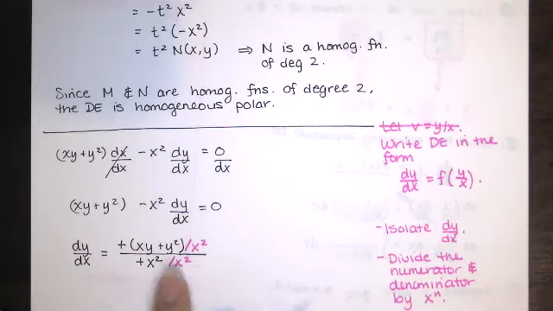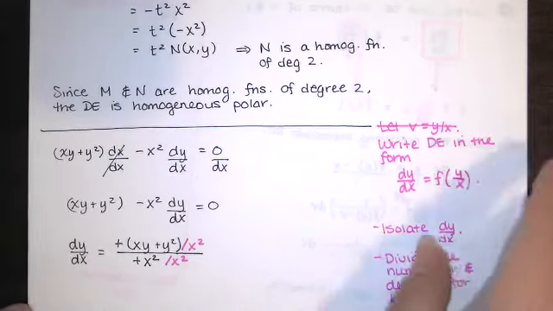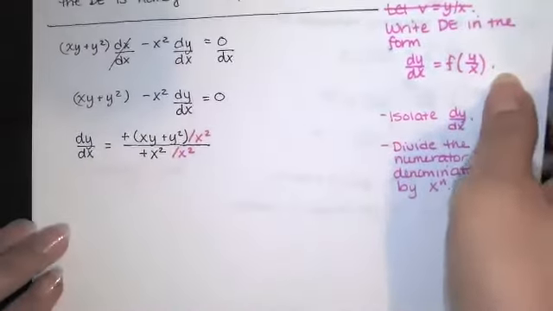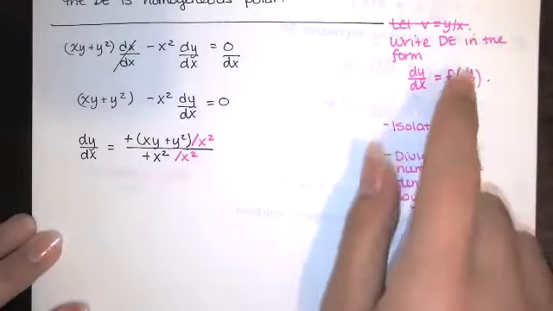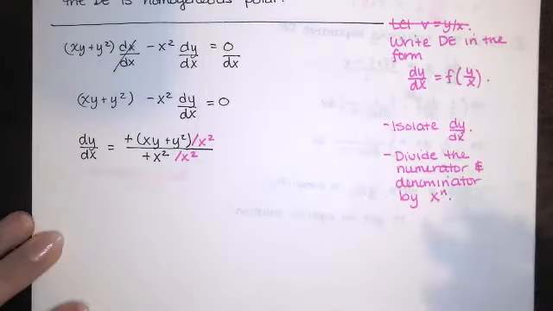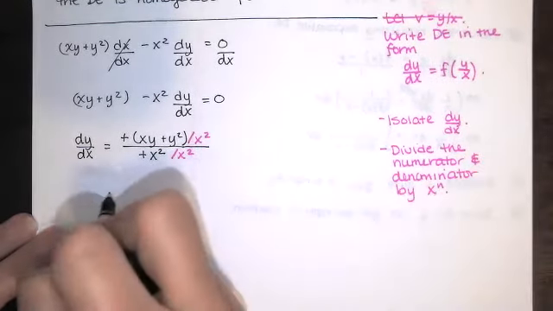That's degree 2, that's degree 2. So divide everything by x to the second power. When you do that, it's going to simplify the right-hand side to be a function of y over x.